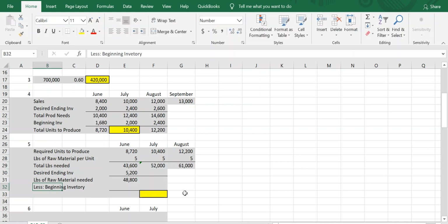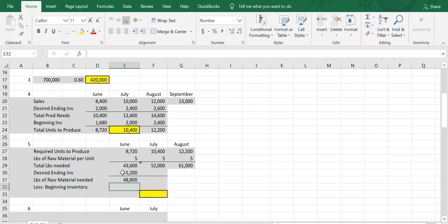Well, if we look at this, just like we did with the production budget, we know that the beginning inventory for June will be 10% of this, which is the ending inventory in May, right?